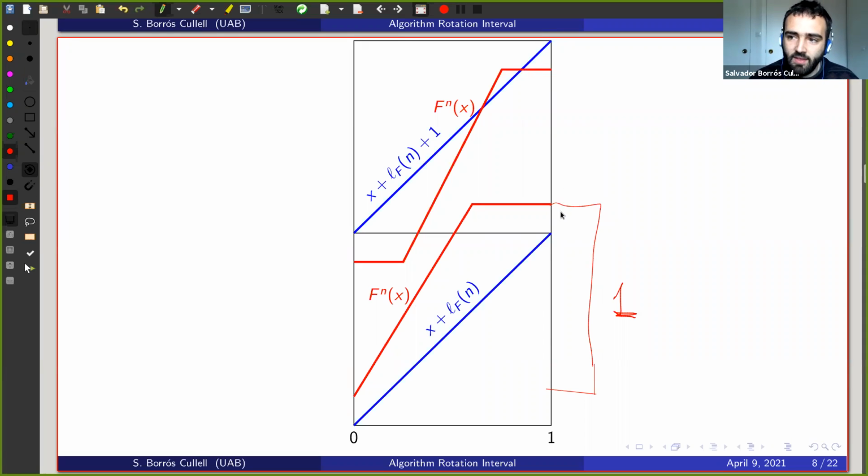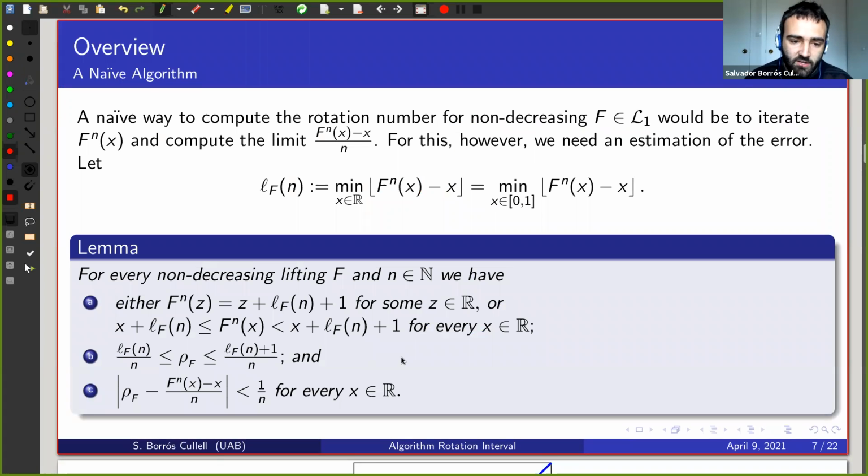And mainly 3 things can happen. Either this function touches the lower diagonal, or it's in between, or it touches the upper diagonal. In any case, since the iteration of non-decreasing functions preserves inequalities, we can see that the approximation of the rotation number just by iterating the function gives us an error of at most 1 over n.